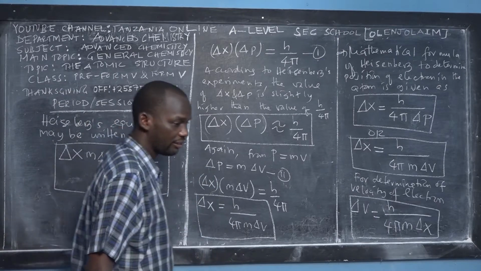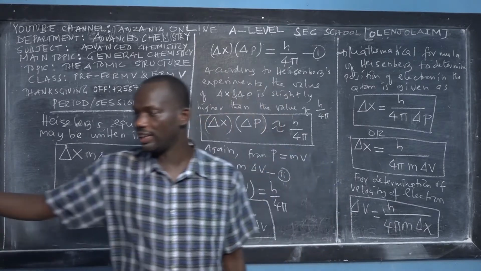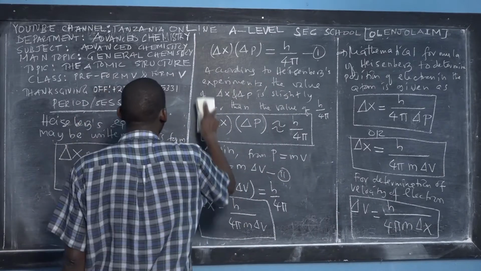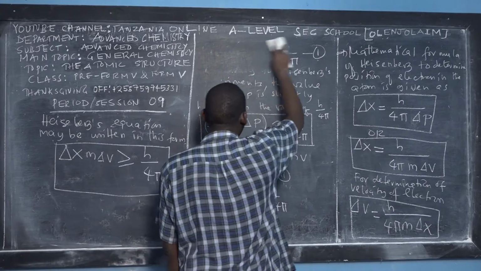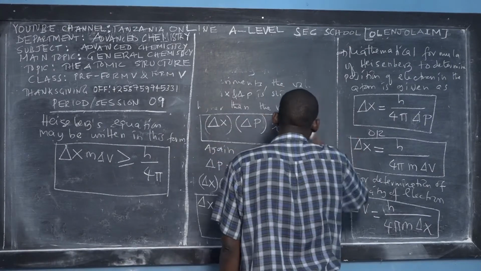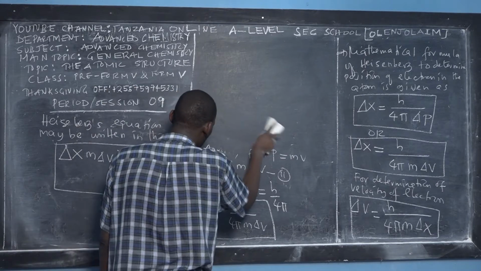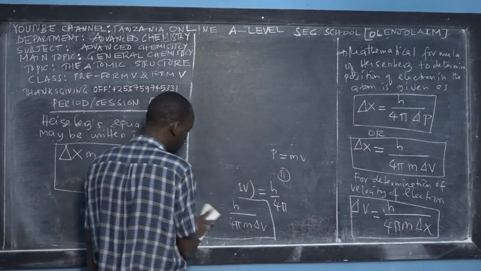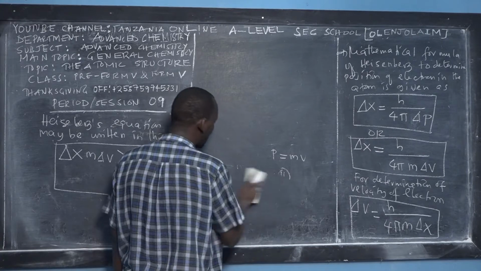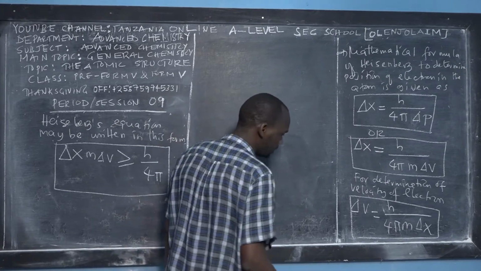So if that is the case, and that was the challenge discussed by Heisenberg, now we would like to draw the conclusion. What did he conclude? He said that it's not possible to predict the position and velocity of electrons in an atom simultaneously.